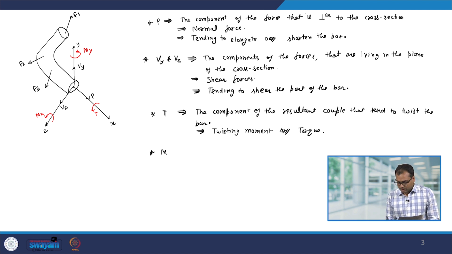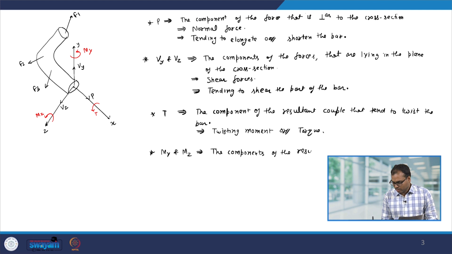Then we have My and Mz. These are the components of the resultant couple that tend to bend the bar, and they are known as the bending moment.